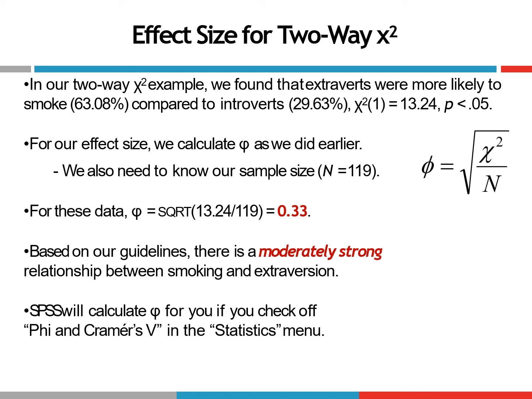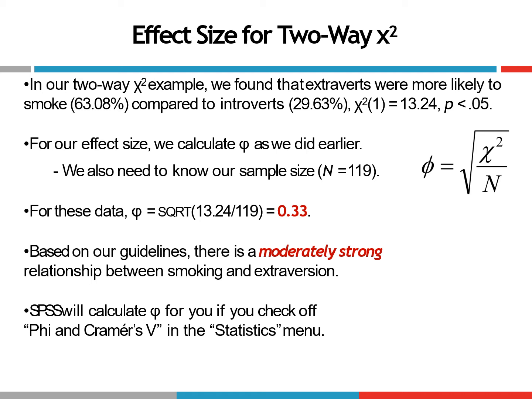Okay, so again, we're going to use that same exact formula to find our phi value or effect size value. We're going to take the square root of our chi-square value divided by the total number of observations, or our sample size. So we would take our 13.24 value and divide it by 118, which is our sample size, and we would get 0.33.